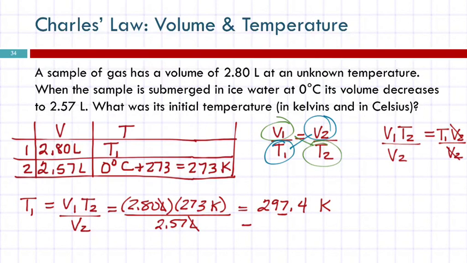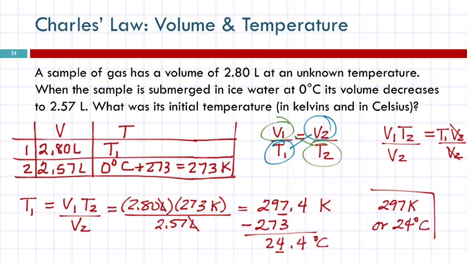To convert to Celsius, we're going to subtract 273 and 24.4 degrees Celsius. So my answer then, there's two answers, 297 Kelvin or 24 degrees Celsius. Any questions?